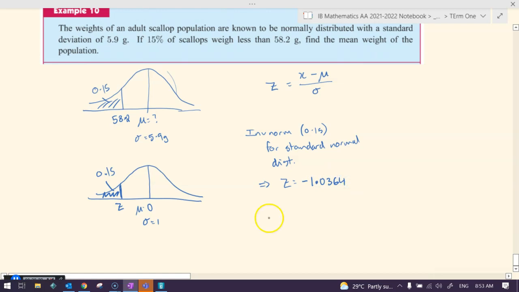What can I do with this now? Well, I can substitute it into my Z-score rule. So Z was negative 1.0364. What was the X value that gave me that Z-score? It was 58.2. The mean, I don't know. That's what we're going to go ahead and try to find. And the standard deviation here was 5.9.